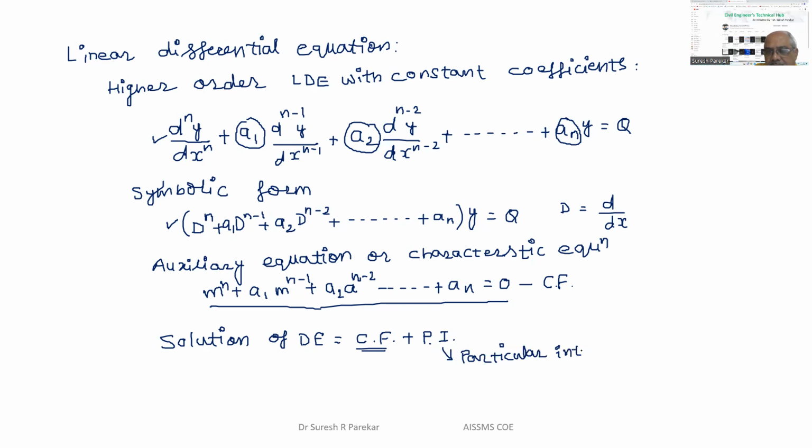Now, this complementary function we are going to find by using this auxiliary equation, and particular integral we are going to find using this right hand part, which is q. So q is responsible for particular integral and auxiliary equation is responsible for complementary function.